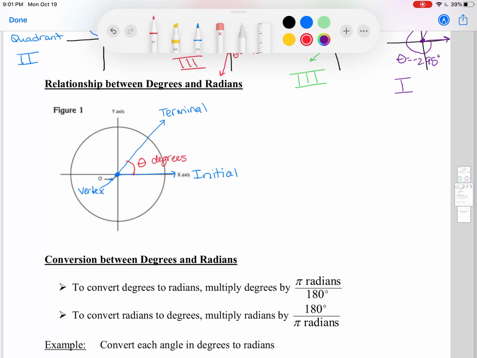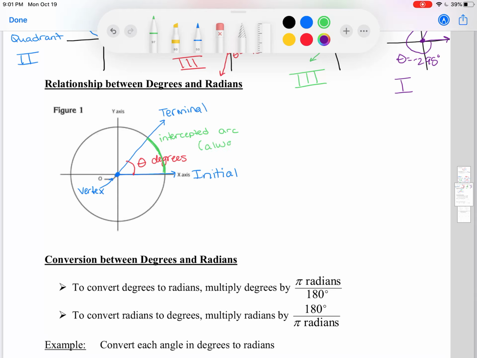On the inside is your theta. Your theta tells you your degrees. All right. And then the radians, so the degrees is the angle measure, and the radians is actually going to be this arc right here from one side to the other. You're measuring that arc of the circle.